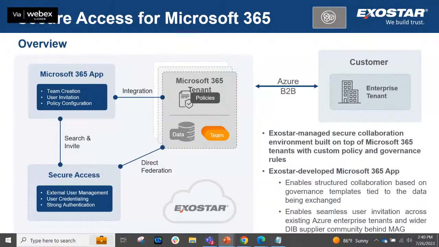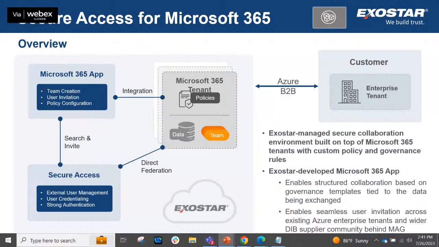It is what provides that direct federation to Exostar's secure access module, but can also enable you to set up an Azure B2B connection with not only your own organization, if you already have an Azure Active Directory and you want to utilize that, or if you've already got a GCC High environment, we can also allow that connection as well.